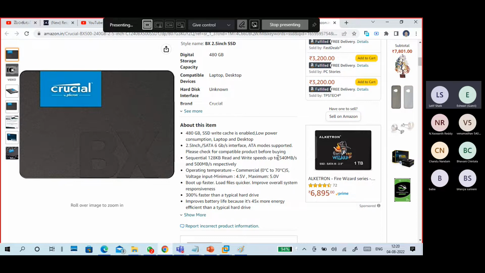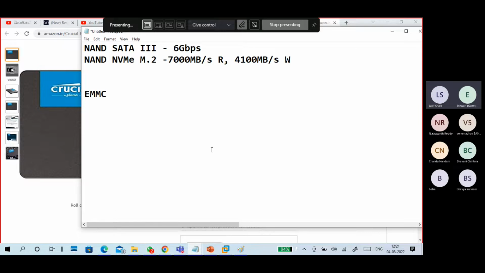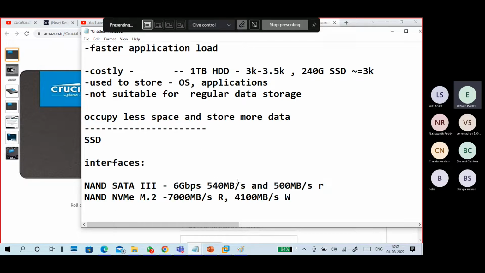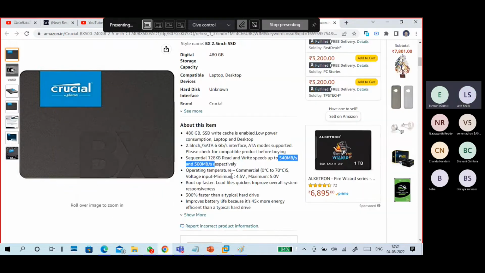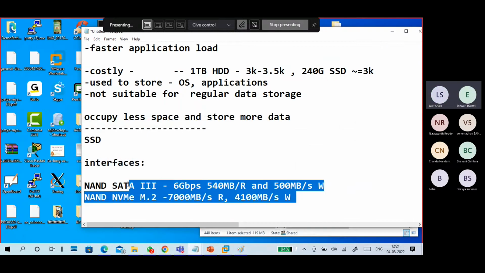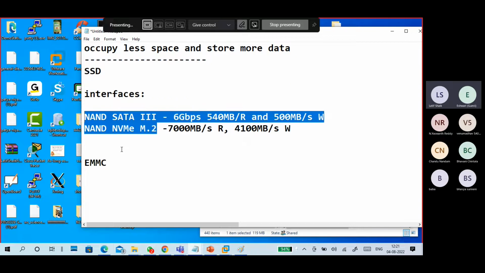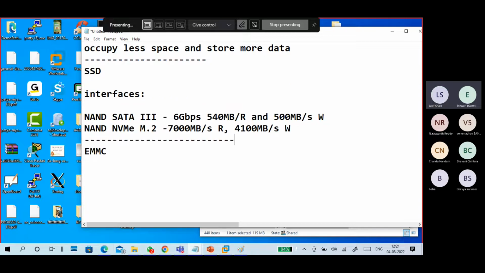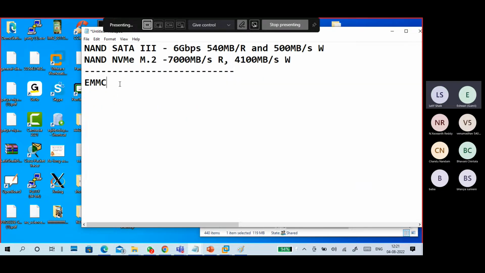Look here, this is faster, guys. When you are choosing SSD over hard disk, better to choose NVMe M.2 type.